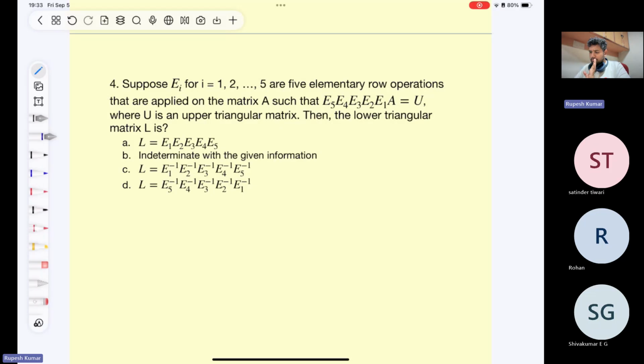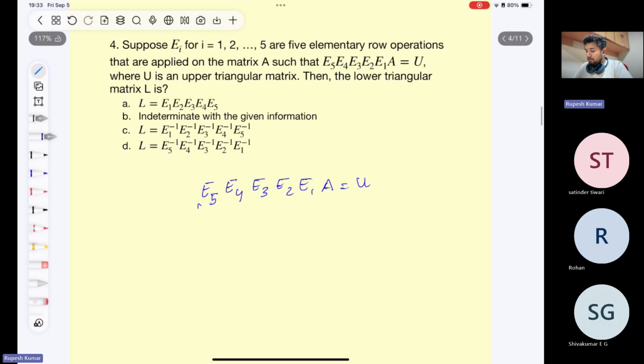So there was a small detail that I ignored entirely till now. So you do these row operations, right? These elementary row operations E5, E4, E3, E2, E1 into A equals U, right? Now these are elementary row operations and these are lower triangular, right? Fine.